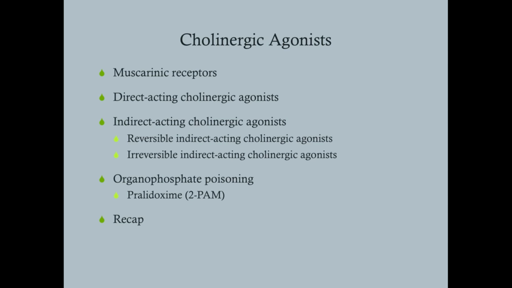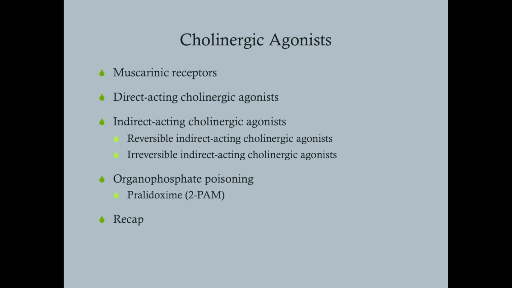So just an idea of what we're going to talk about. We're going to briefly talk about muscarinic receptors. I talked about this in greater detail in the autonomic nervous system talk, but it is worth just recapping what these are because they play a very important role in cholinergic activity. We'll talk about two different classes of cholinergic agonists, direct acting and indirect acting. Indirect acting can be further broken down into the reversible indirect acting and then one particular drug which is irreversible indirect acting.